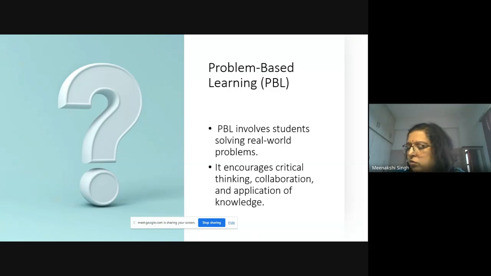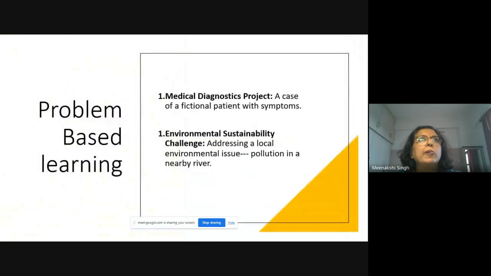And then you also have to make sure that the problem scenario gives scope for inquiry and exploration, and delving into that whole gamut. So this was about it. I think I have got some examples here. So there can be a medical diagnostic project.